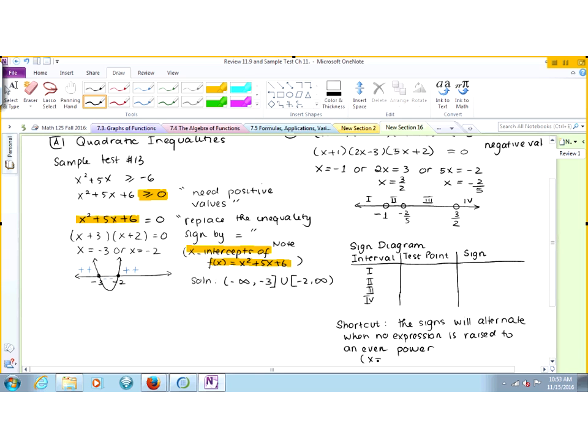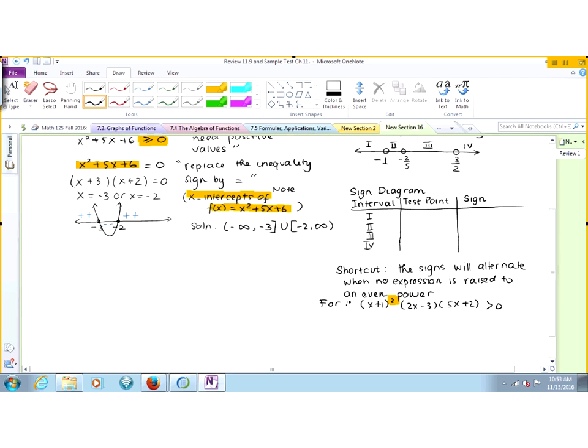What do I mean? If your equation is x plus 1 squared times 2x minus 3 times 5x plus 2 greater than 0, you cannot use this shortcut. It will not alternate. So what I mean was, if I have this, the signs will not alternate. So you need to check each one of them, because x plus 1 is raised to an even power.